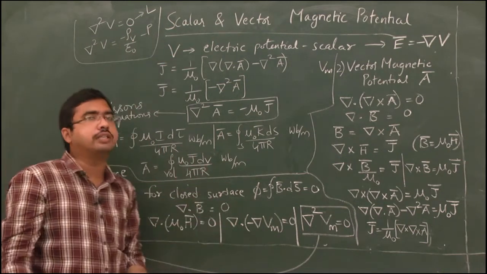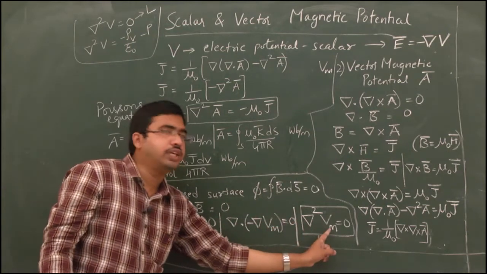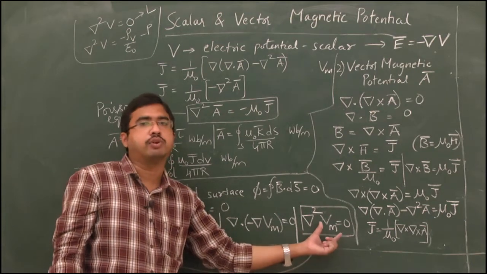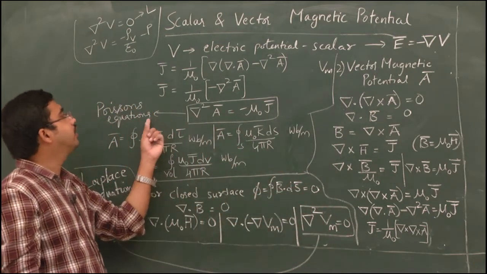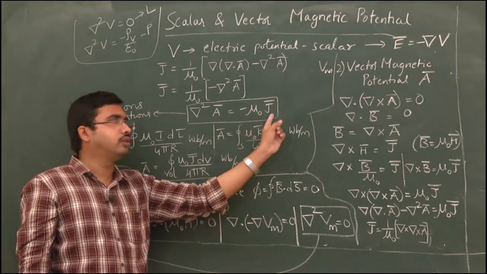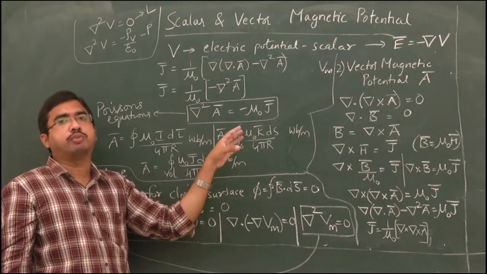And for second unit magnetostatics, what is the Laplace equation? Del square Vm is equal to 0, where Vm is the scalar magnetic potential, and Poisson's equation is del square A bar equal to minus mu naught into J bar, where A bar is the vector magnetic potential.